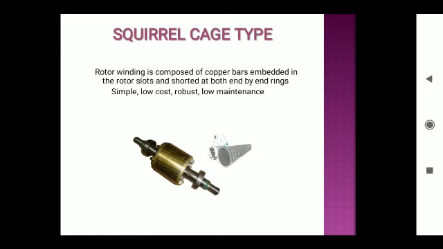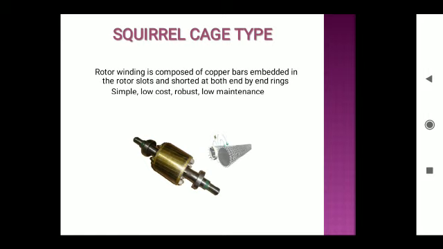It consists of a cylindrical laminated core with slots nearly parallel to the shaft axis or skewed. Each slot contains an uninsulated bar conductor of aluminum or copper. At each end of the rotor, bar conductors are short-circuited by heavy end rings of the same material.